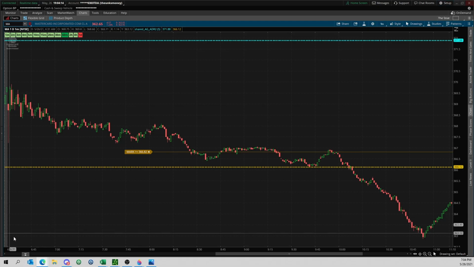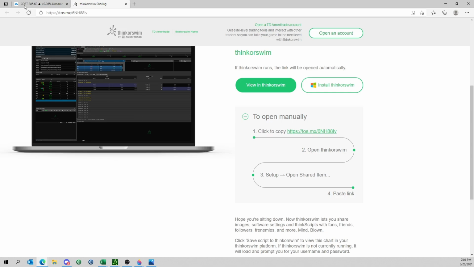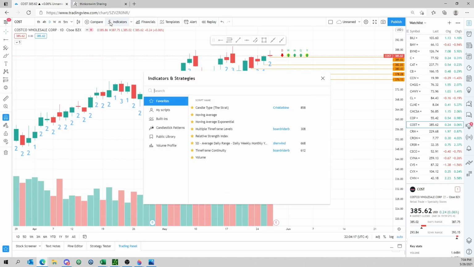I think I have it on TradingView. I'm not sure. Is it this one? Yeah, ADR right there. I don't know if Trapped uses a different one or not.